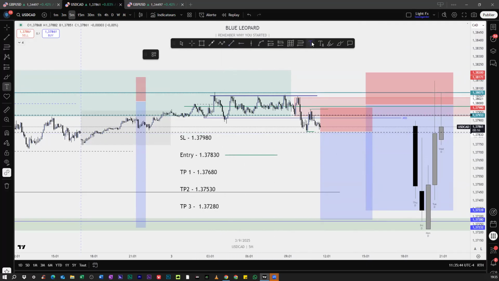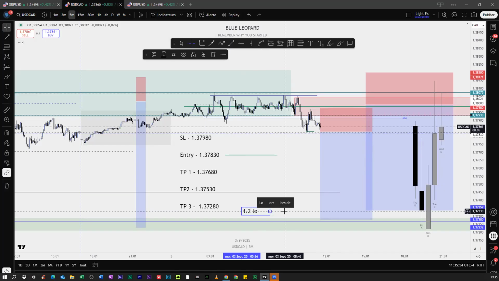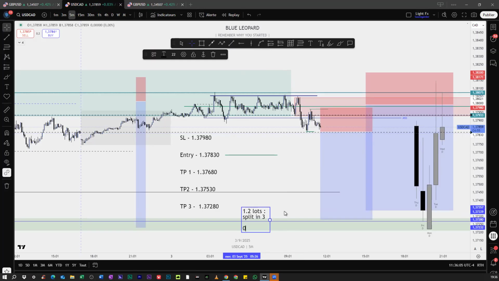I take one. Imagine my position was 1.2 lots. I will split it in 3. So it will create 0.4, 0.4, and 0.4.